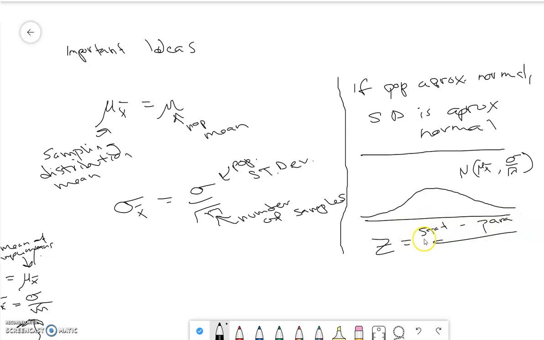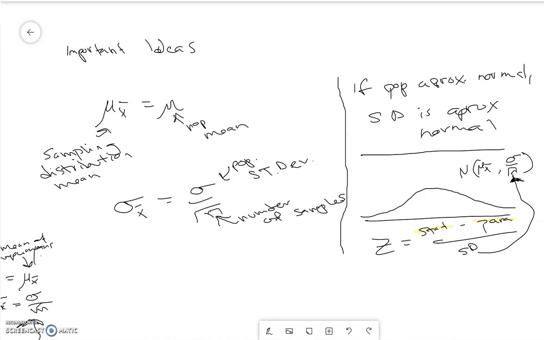The statistic being the mean that we're looking for, greater than 30 or less than 10, minus the parameter, the actual population mean, divided by the standard deviation of our sampling distribution. And that is 7.3.1.